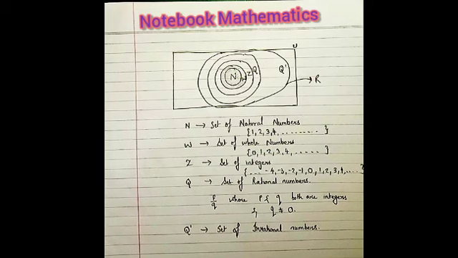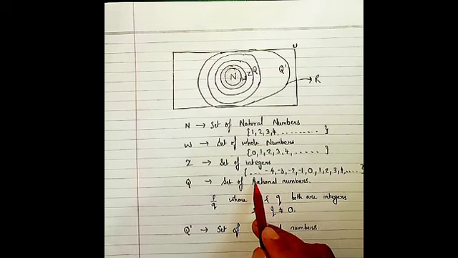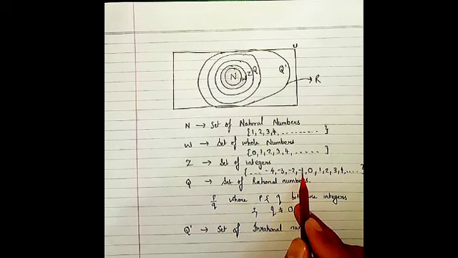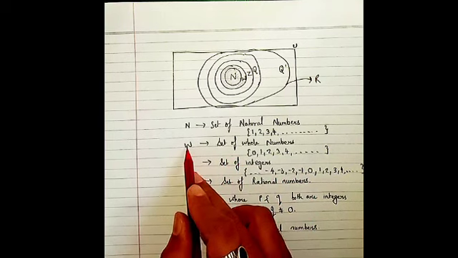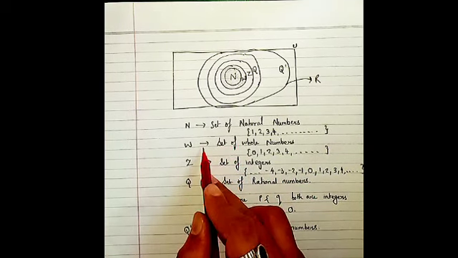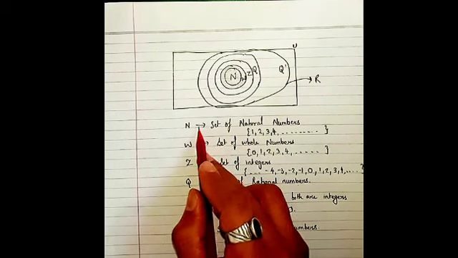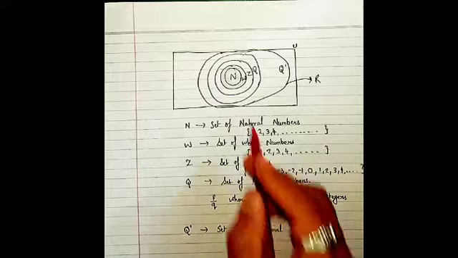Now if I come to integers, these contain 0, all positive numbers, as well as negative integers. It means Z contains all the elements of whole numbers, that is, all the elements of natural numbers as well as negative numbers.